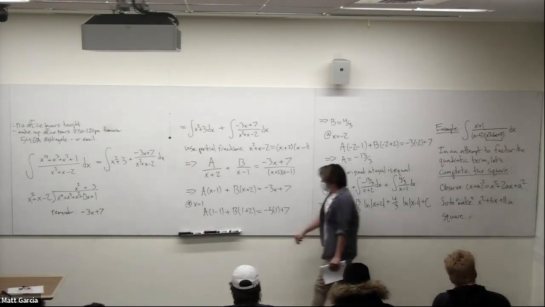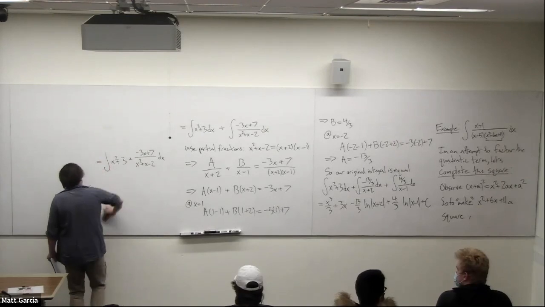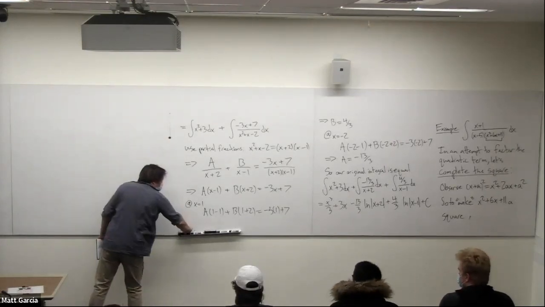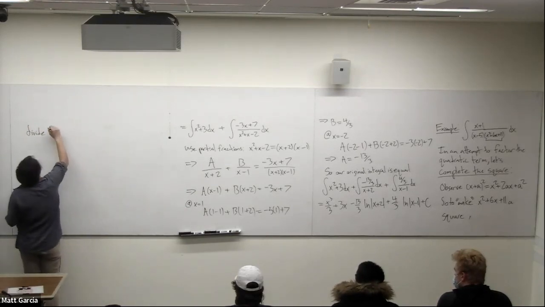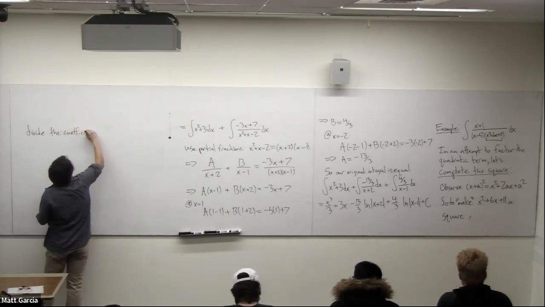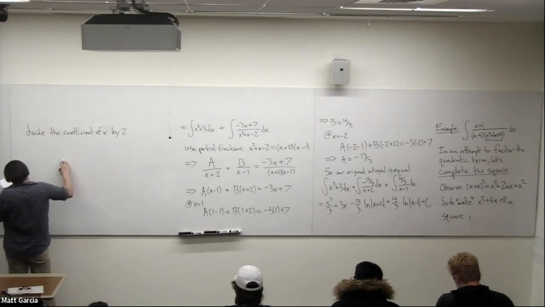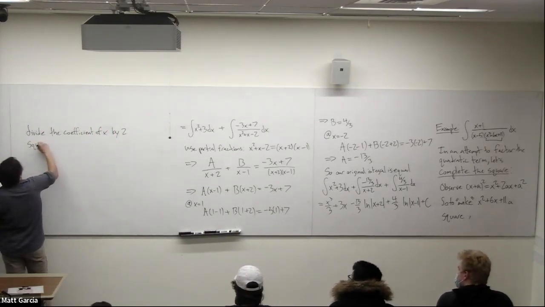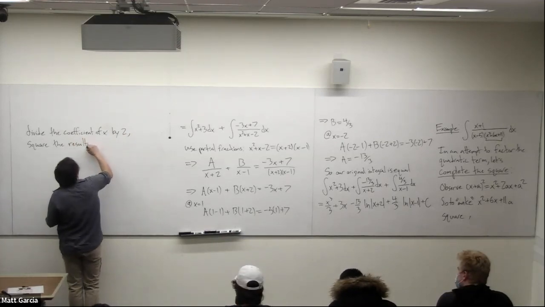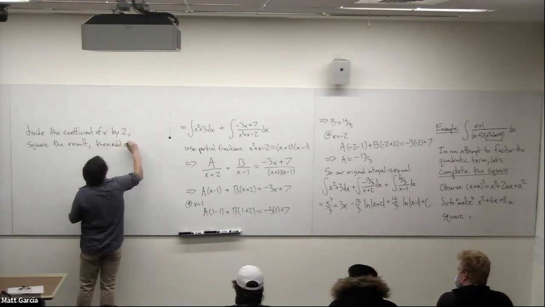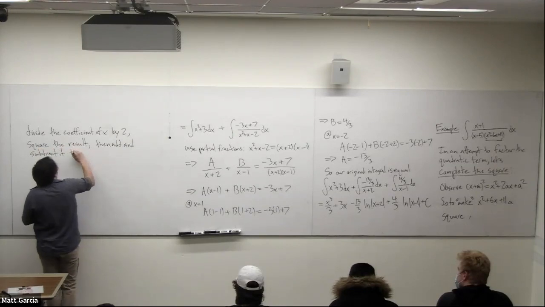What we'll do is divide the coefficient of x by 2, square the result, then add and subtract it to the polynomial.